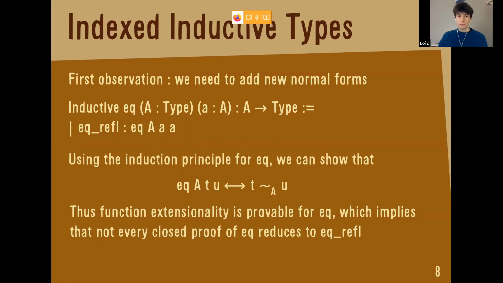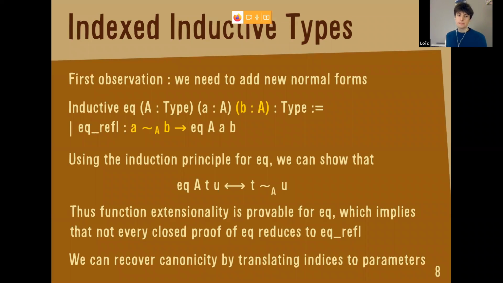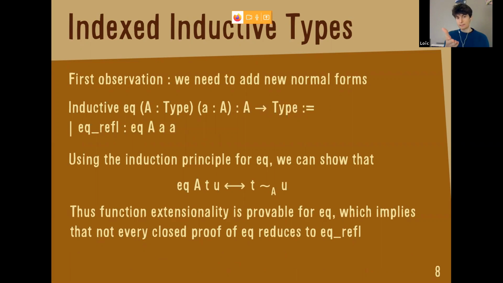As a consequence, we first apply a transformation to all of our inductives, which is the standard way to convert an index into a non-uniform parameter. So compare the definition of the inductive equality.